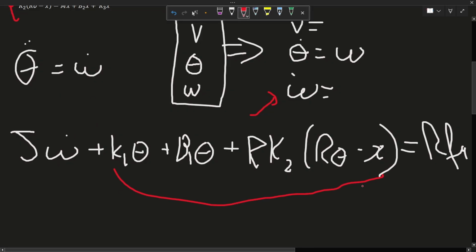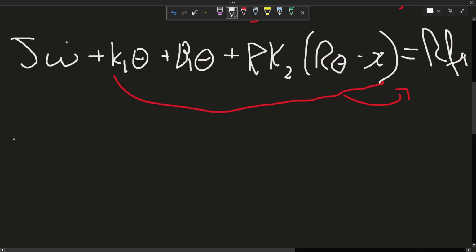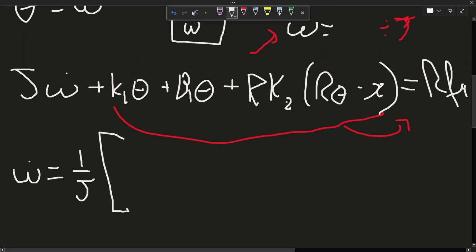So you send all this to the other side, and then you divide by J. Okay? Your final answer for omega dot equals 1 over J. And it also helps to factorize all of your variables. Okay, so theta, x, factorize all of these because they're important. RFA is just a constant.